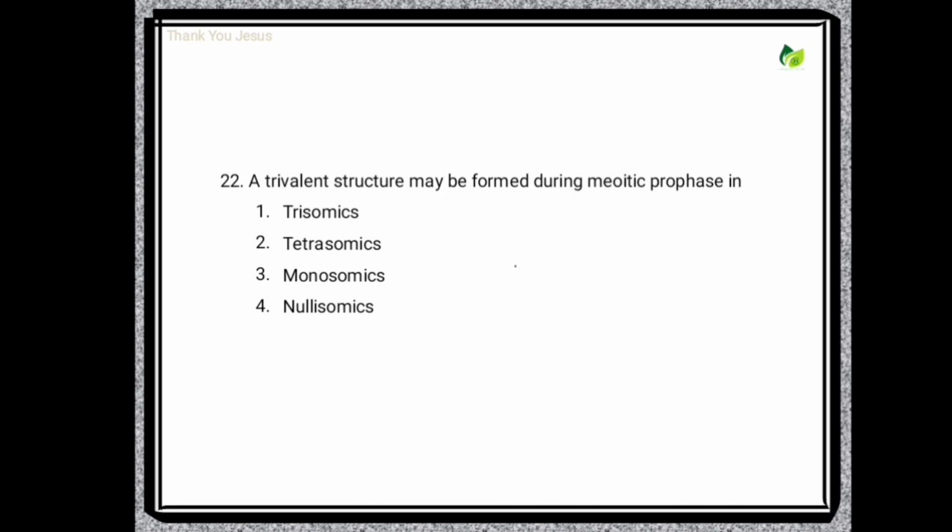A trivalent structure may be formed during meiotic prophase in, options are trisomics, tetrasomics, monosomics, nullisomics. The correct answer is trisomics. A trivalent structure formed during meiosis is nothing but trisomic. Okay, next question.